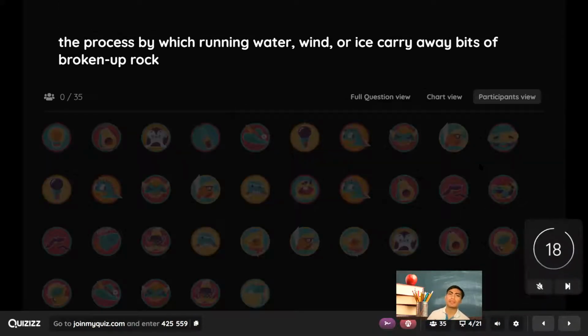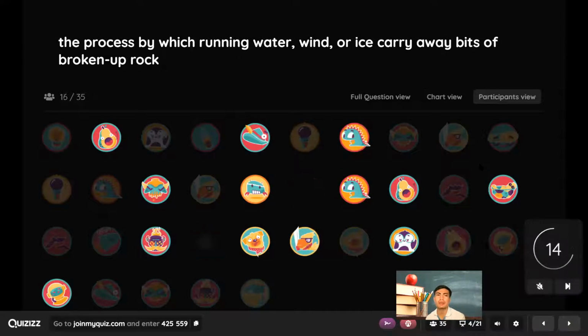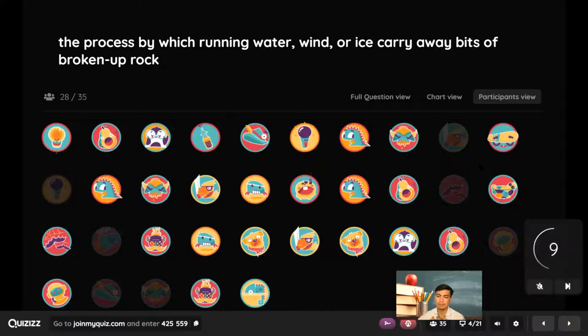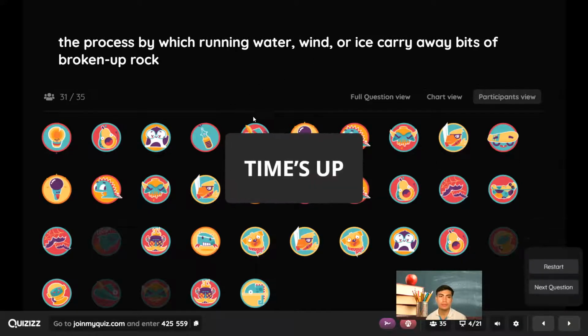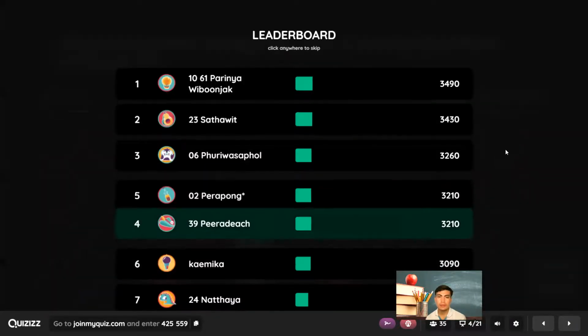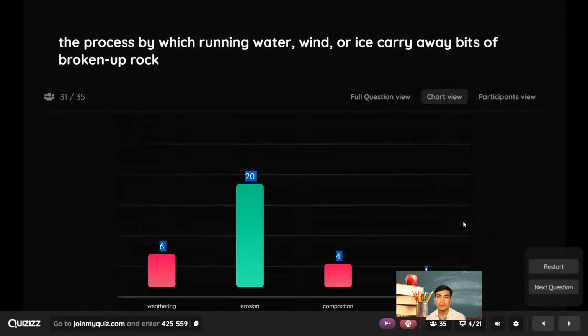The process by which running water, wind, and ice carry away bits of broken up rock. Okay. It's still Parinya, followed by Satawit.